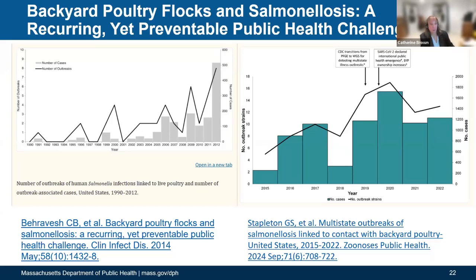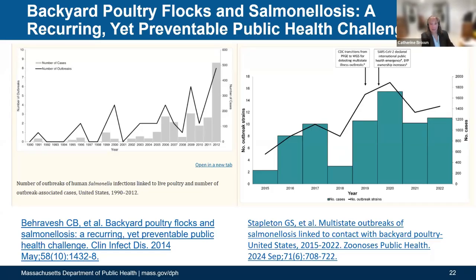And then the graph on the right is from a later publication, and it shows similar data from 2015 to 2022. And what I really want to flag is the number of cases on the axis on the right has changed tremendously. So while 2012 had a little over 500 cases, in 2020, the pandemic year when everybody started buying backyard poultry, 1,700 cases, okay?